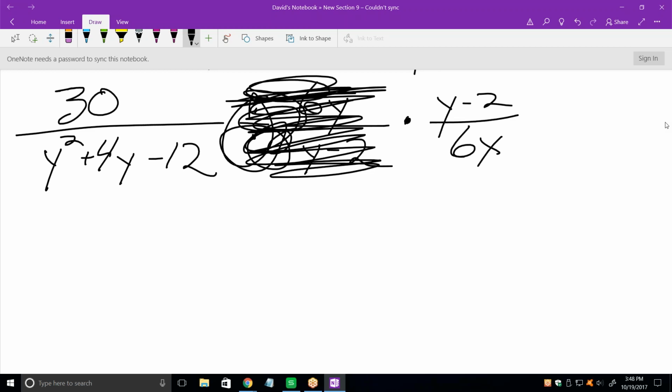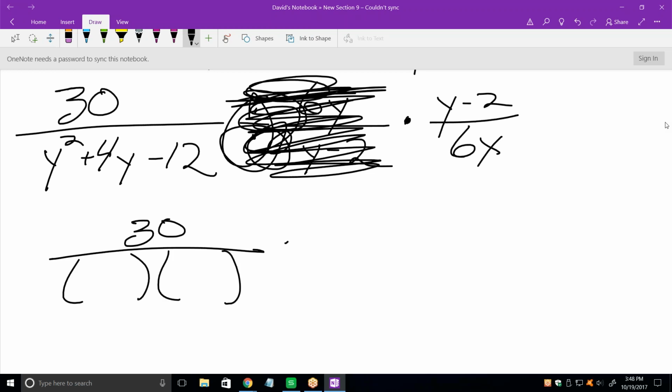And you always want to do that. Okay? Now, the only thing I can see that can be factored is what? The bottom left. Okay? What does it factor into? By standard quadratic factoring. Just use a methodology here.